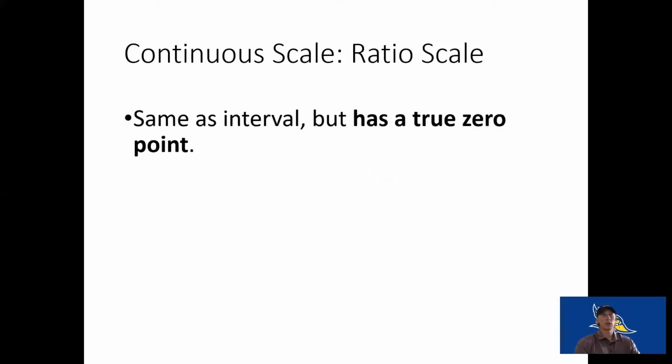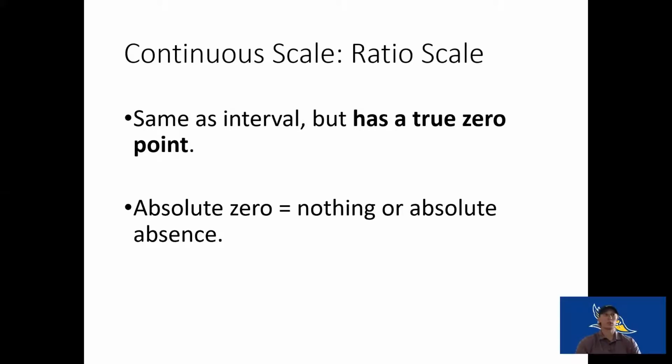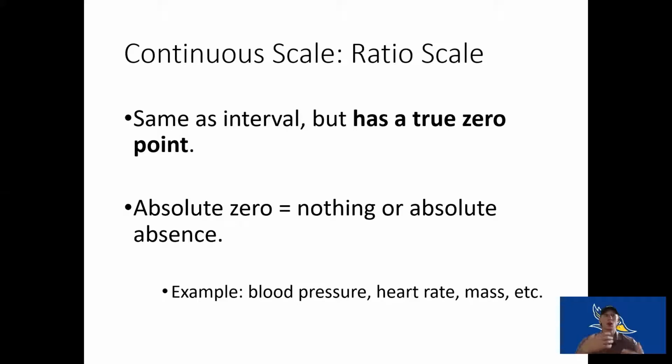For ratio scale, we have an interval between each one. It's the same interval as in interval scale, except there's a true 0 point where that's the starting point. So there's an absolute 0, which means there is nothing. There's no negative in this sense. So think about things like heart rate. You can't have -1 heart rate. You can't have -3 kilograms of mass.